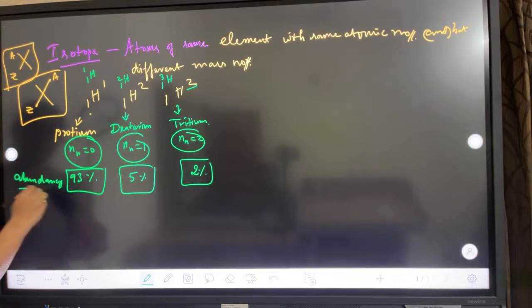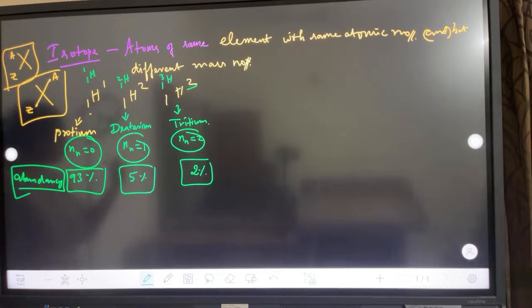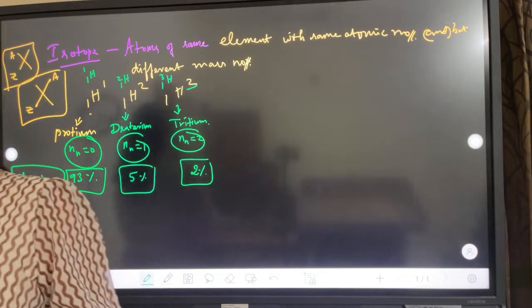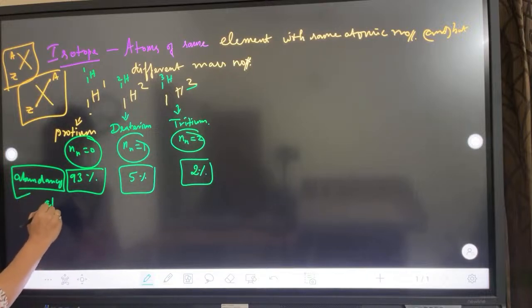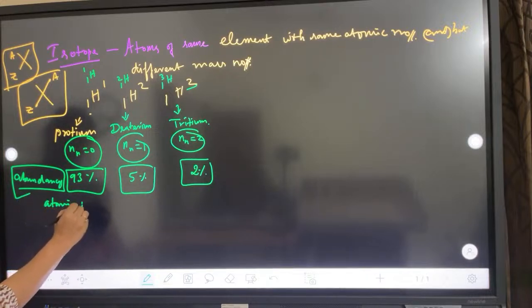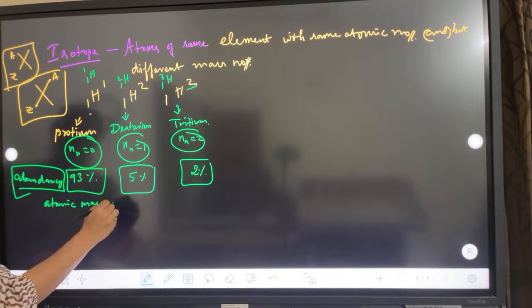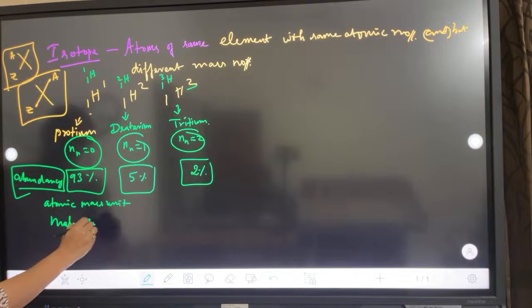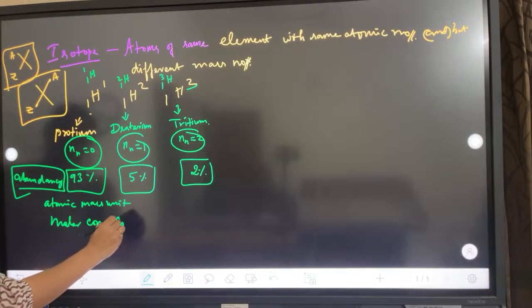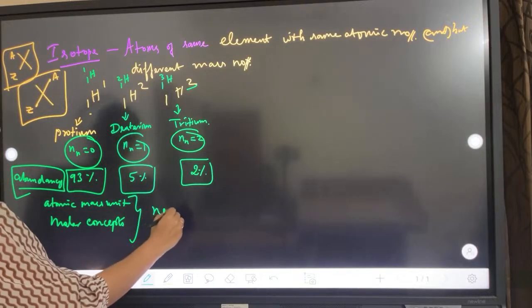We will see the atomic mass unit, the molar concept and everything in the upcoming classes. That is in the basics. So atomic mass unit and molar concepts in the next class, we'll see.